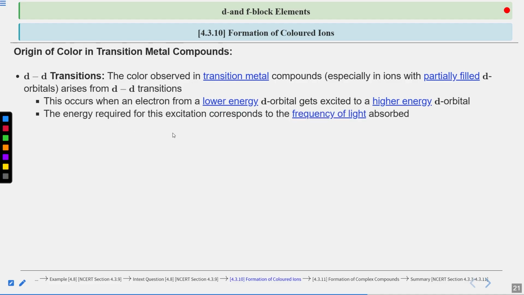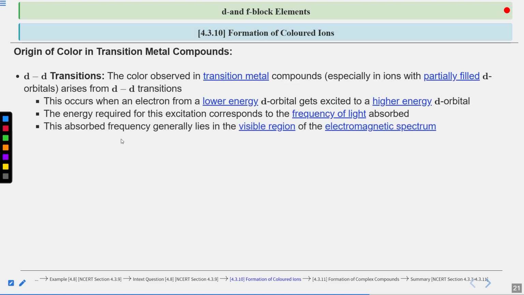The energy required for this excitation from lower to higher energy corresponds to a particular frequency of light that is absorbed, because whatever energy is used in this process corresponds to a particular light frequency.